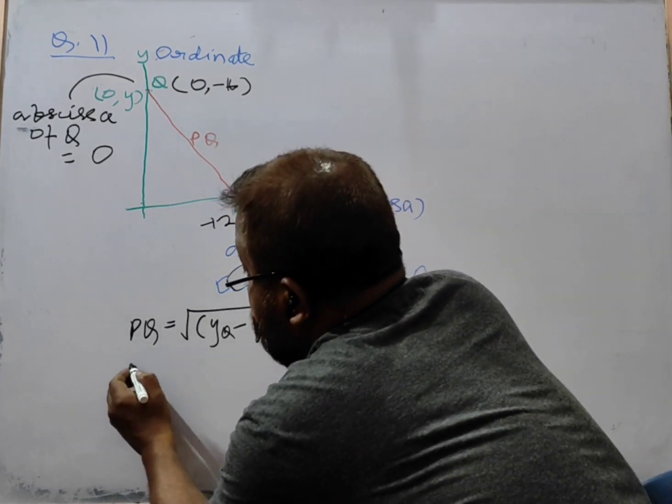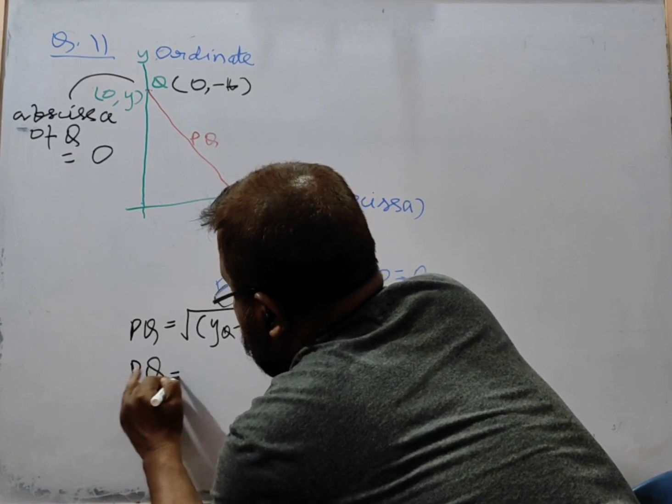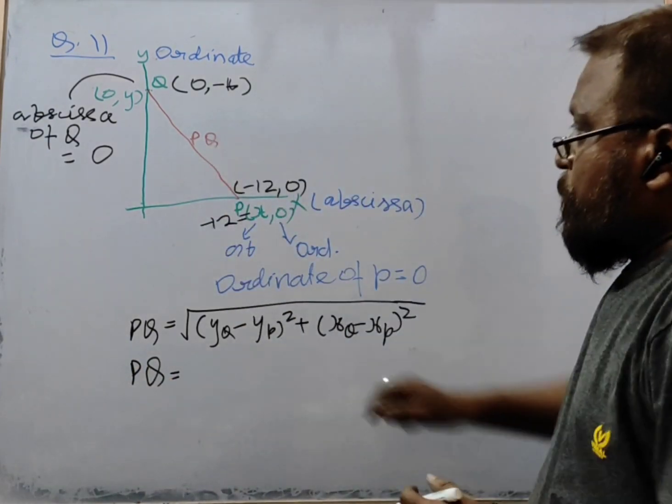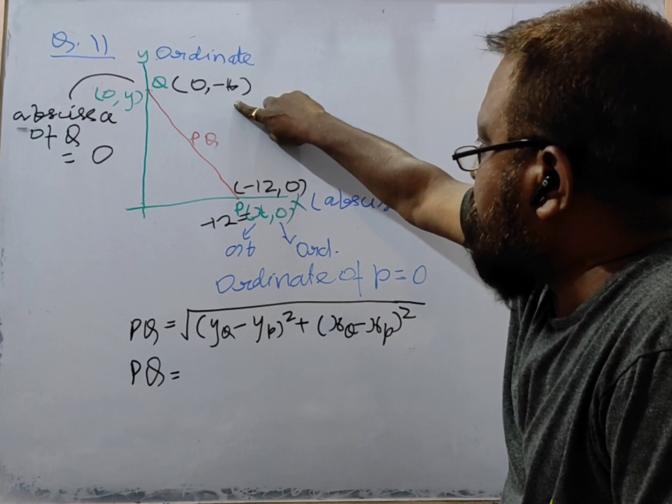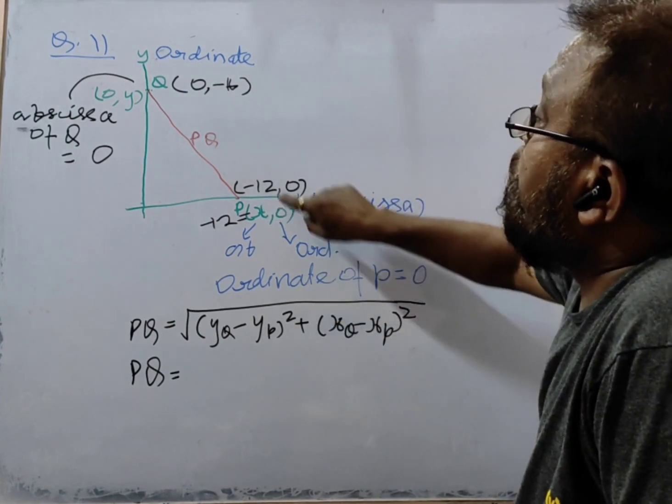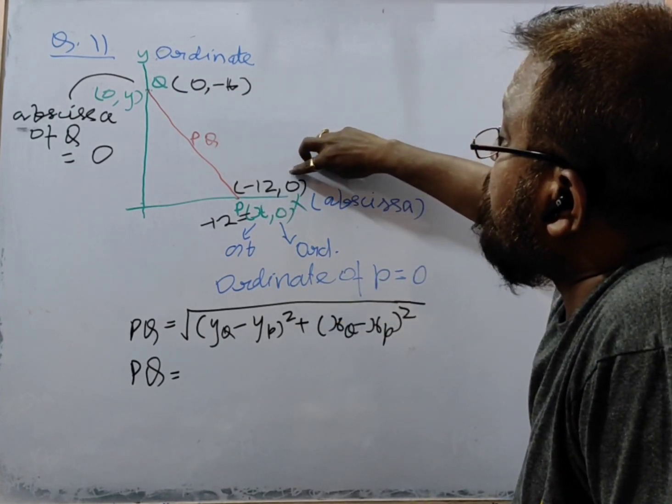So yQ is equal to minus 16 and yP is equal to 0.